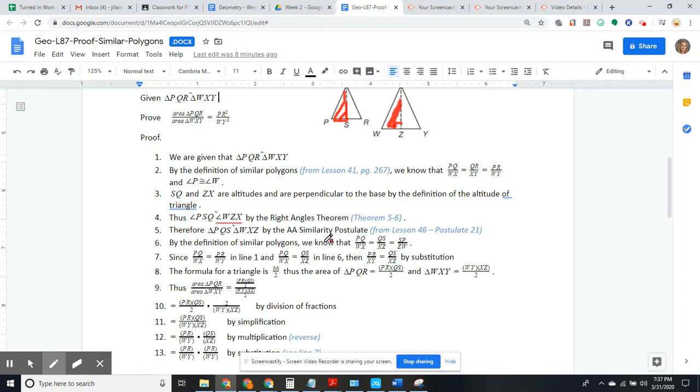So by the definition of similar polygons, and this is related to line 2, but we're just doing it for these smaller triangles, each of the related segment ratios are equal to each other. I was a little more detailed here.